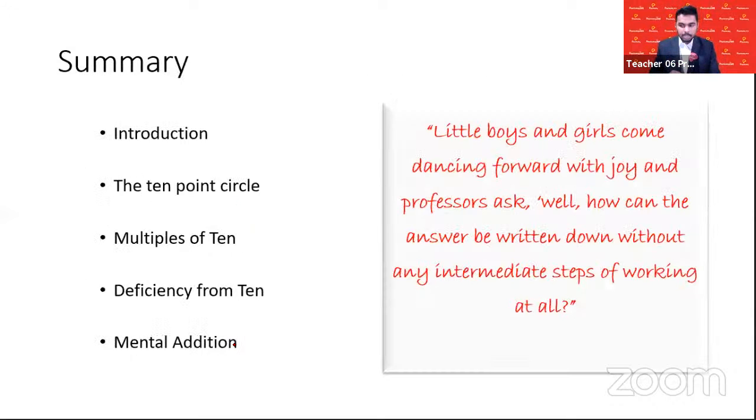So to summarize this particular session, up to lectures 1, 2, 3, what we have seen is an introduction to Vedic mathematics. In fact, we have not dived very deep into this subject. We have just constructed some foundations. And this foundation was set with the 10-point circle, where we saw the importance of what is called the base of a number. Then we introduced what is called a 9-point circle.